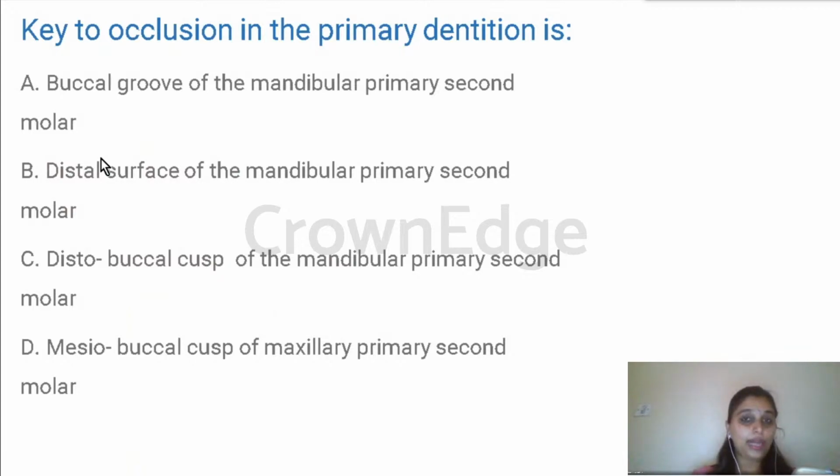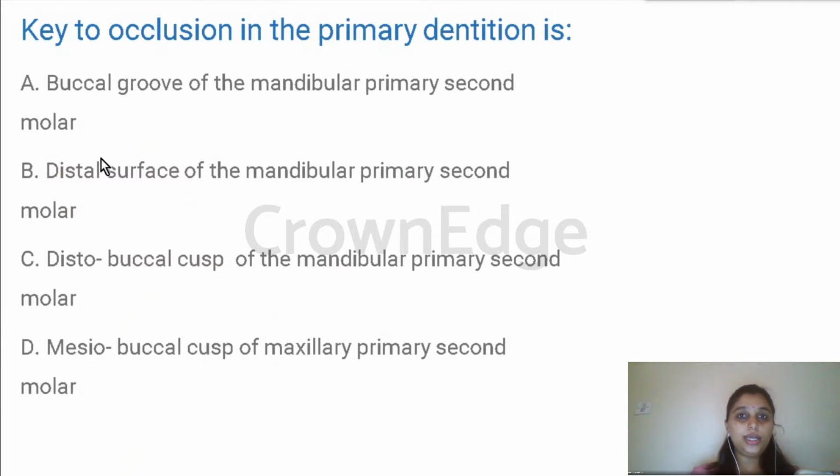In fact, I have a couple of photographs. Like I said, flush terminal plane end-on, mesial step class 1, distal step class 2. We will see how each thing takes place in the next few slides, so please be patient. We will deal with this question first.